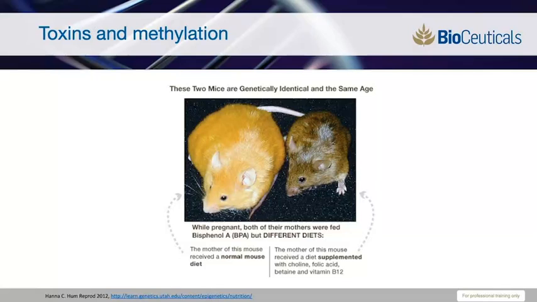BPA is a hypomethylator, reduces methylation, and can change the epigenetic patterns, but by compensating with the diet, it's helped protect from these epigenetic changes. I am definitely not suggesting that all women in pregnancy have high-dose B vitamins or methyl donors, but in this case, it has helped compensate for these toxins and chemicals.